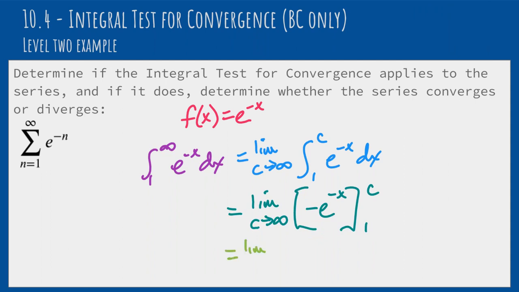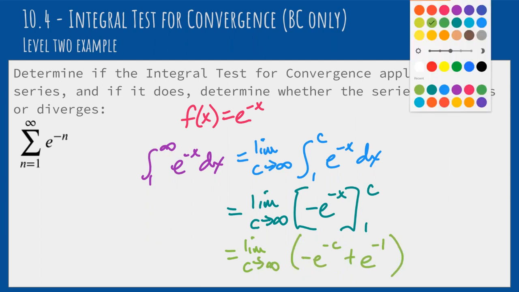So that's going to be the limit as c approaches infinity of negative e to the negative c minus negative e to the negative 1. Well, as c approaches infinity, e to the negative c is going to get closer and closer and closer to zero.